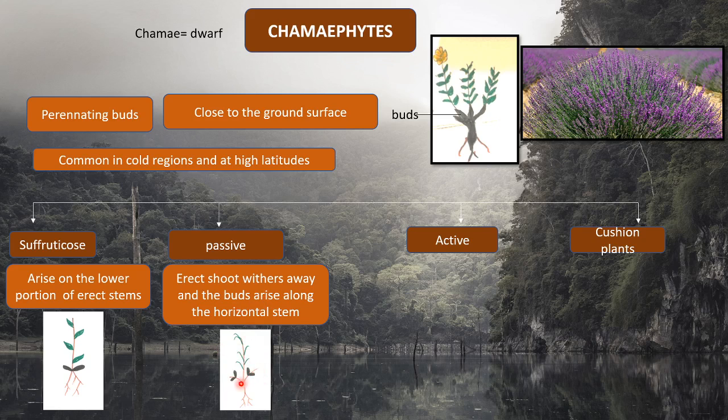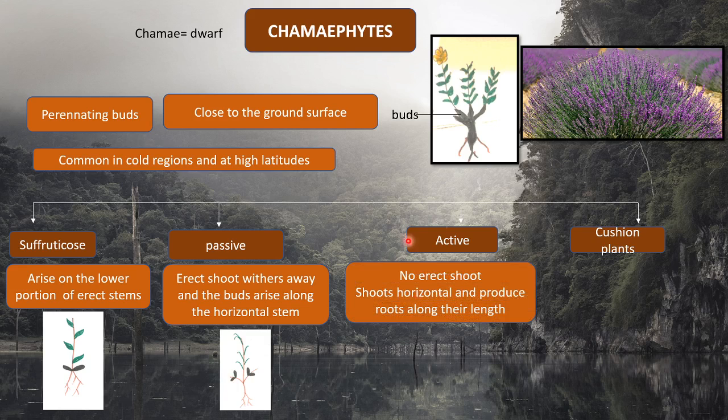So here new horizontal stems come out, and these black buds are present on the horizontal stem, right? So the erect shoot withers away, dries away, and the buds arise from the horizontal stem. So this is the passive type of chamaephytes, right?